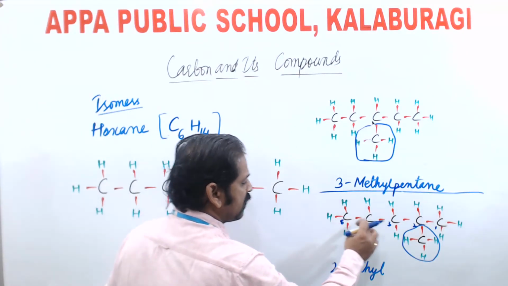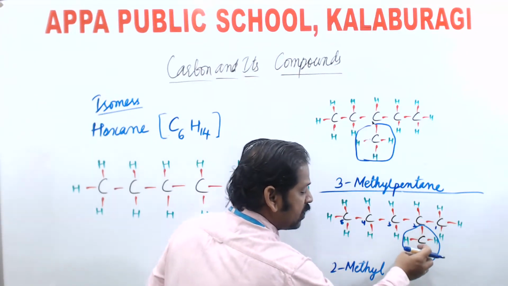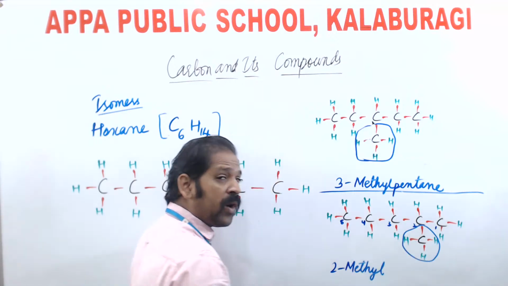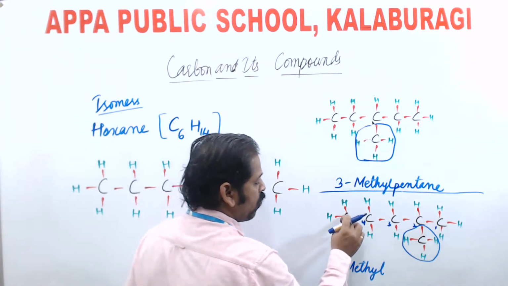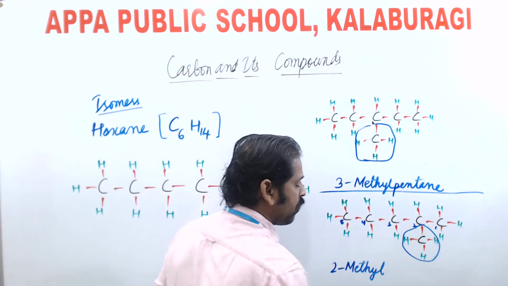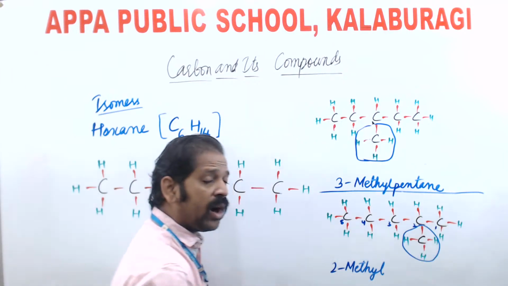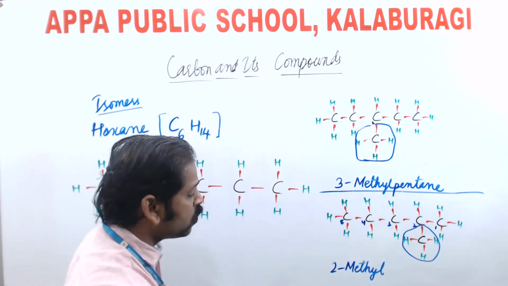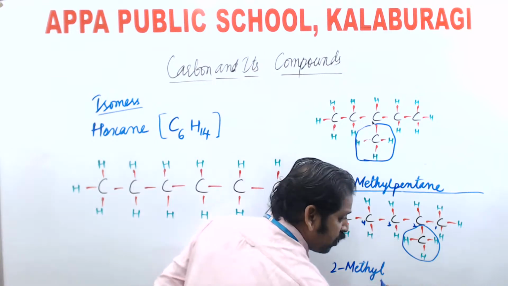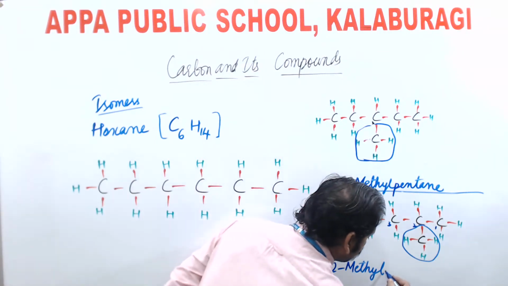That is called the parent chain. This CH3 is called the functional group. So 1, 2, 3, 4, 5 are at the parent chain, so it is called pentane. 2-methyl pentane.